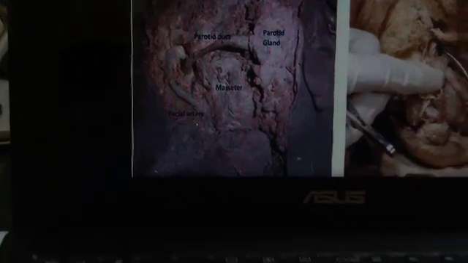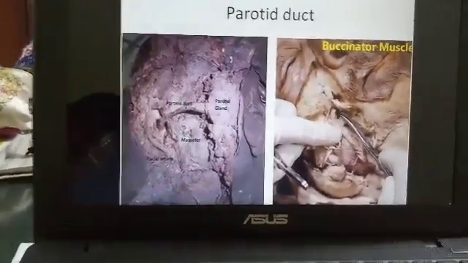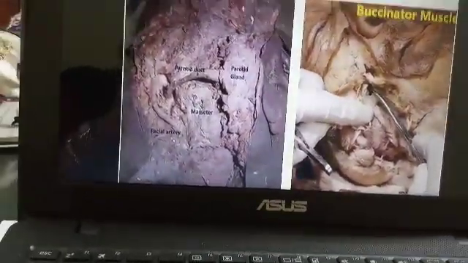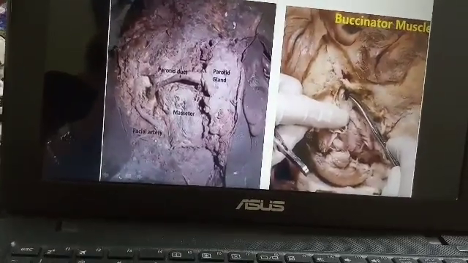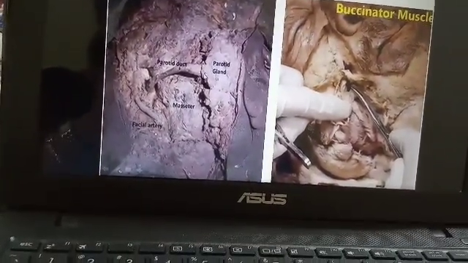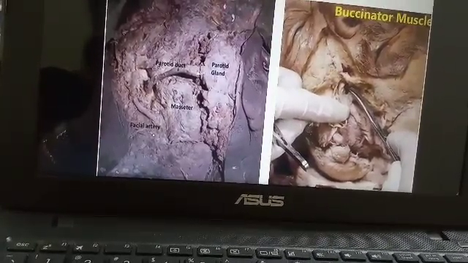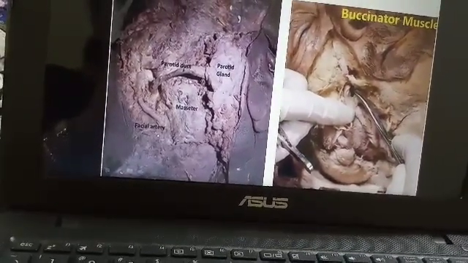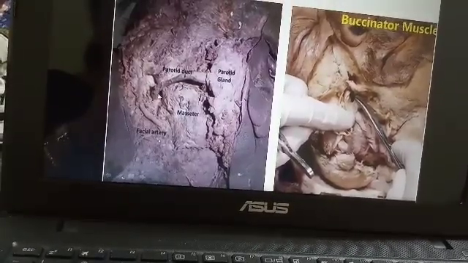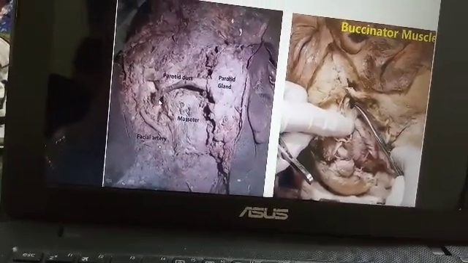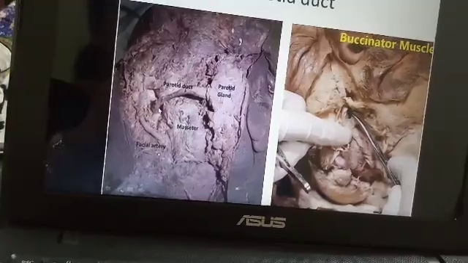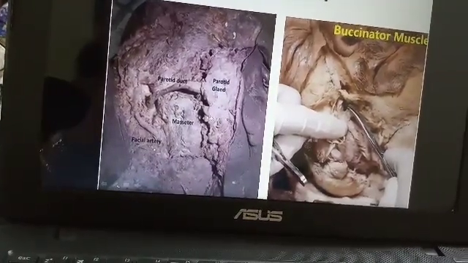Finally, last but not the least, let us see about the duct of the parotid gland. Regarding the duct, it is only about 5 cm long and about 3 mm wide, and it comes out through the anterior border. Then it crosses the masseter, winds around it, pierces the buccopharyngeal fascia and buccal pad of fat, and then pierces the buccinator muscle.